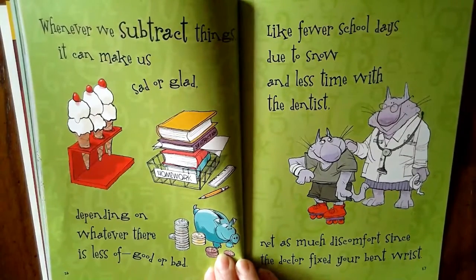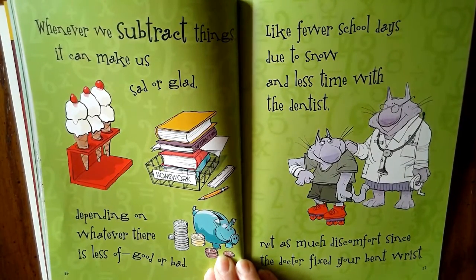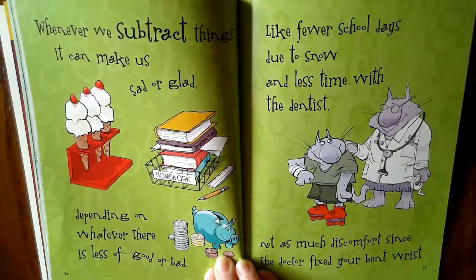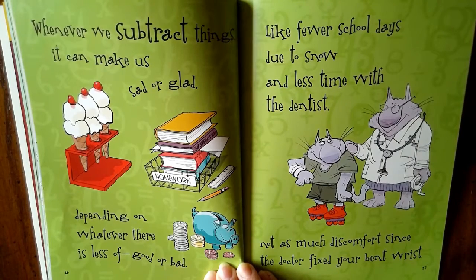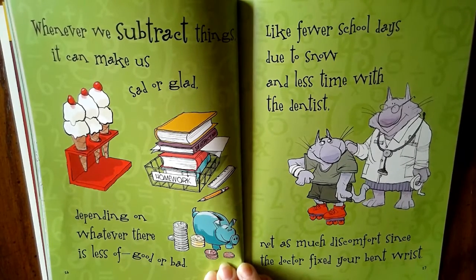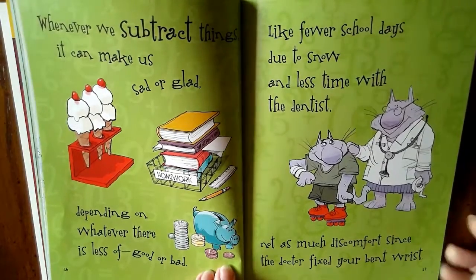Whenever we subtract things, it can make us sad or glad, depending on whatever there is less of, good or bad. Like fewer school days due to snow or coronavirus, and less time with the dentist, not as much discomfort since the doctor fixed your bent wrist.